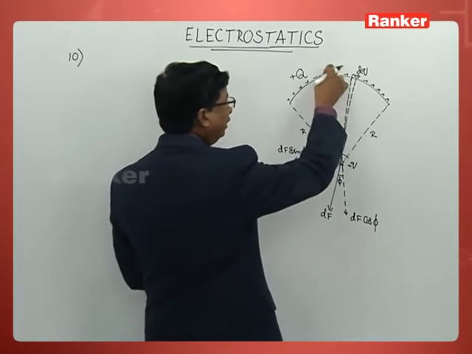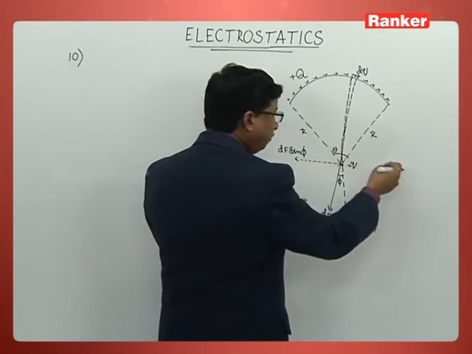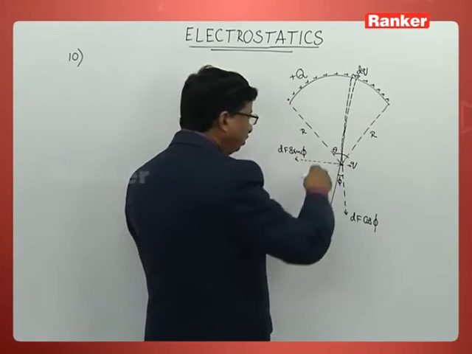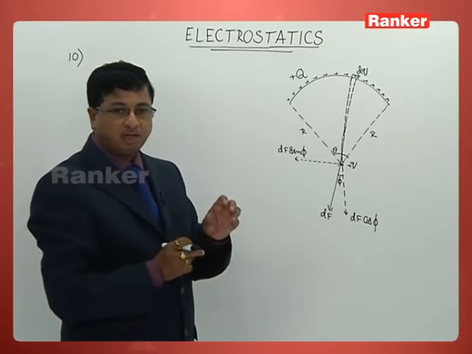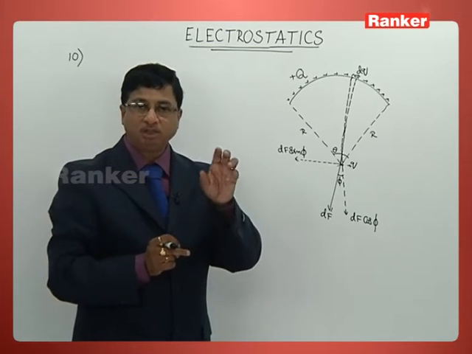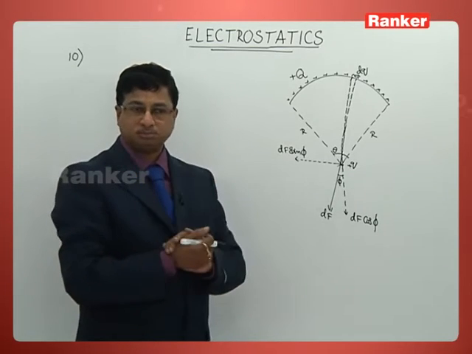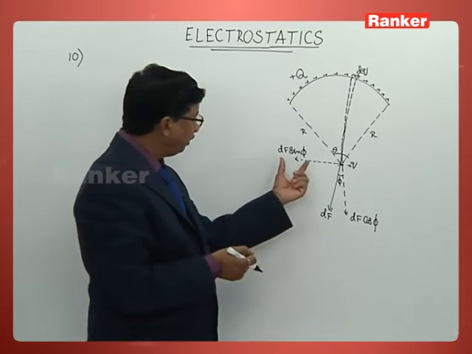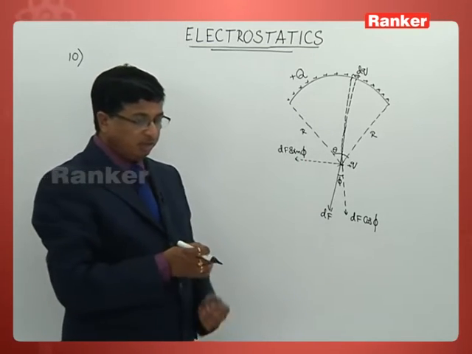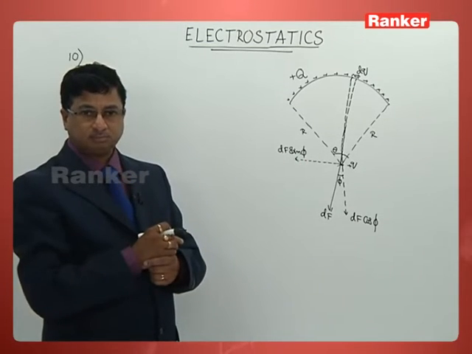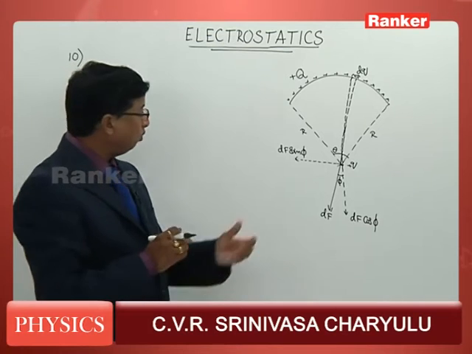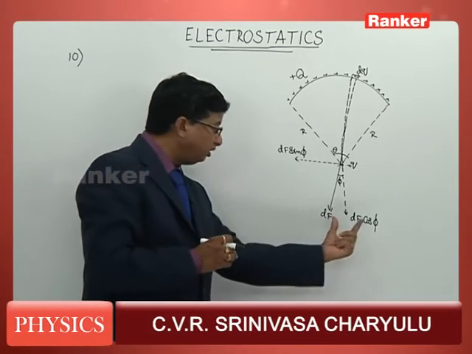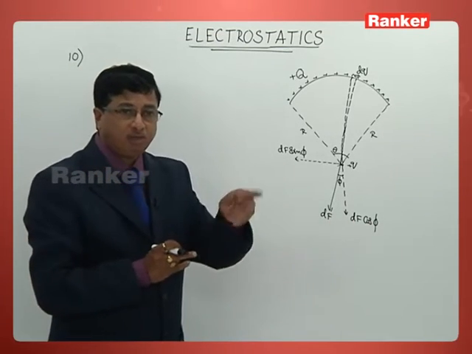When I consider another element over here, dF sin phi comes to the other side, both are equal and opposite, thereby the resultant value over there will be 0. So dF sin phi gets cancelled, no doubt. But what is going to be added up here? dF cos phi will be added up.